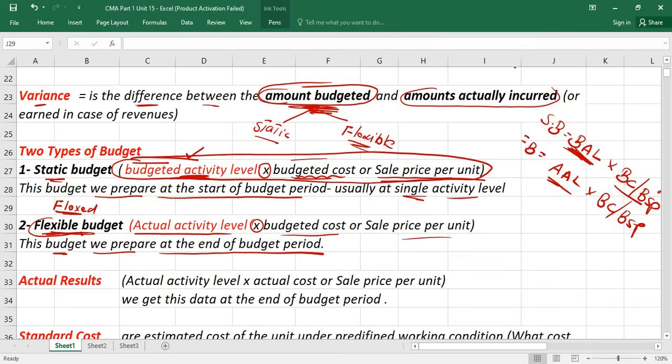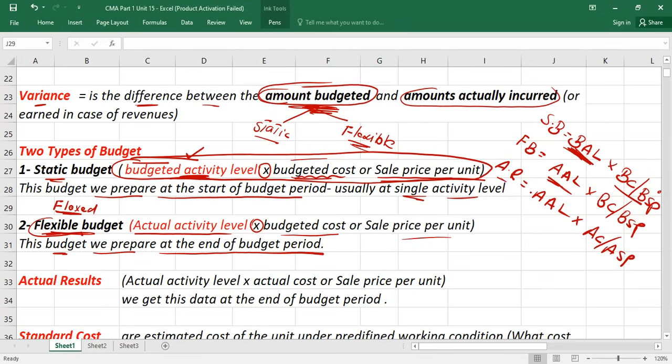Whenever you are talking about actual results, you will always take actual activity level, because you get actual results by the end of the budget period. There you will know what the actual activity level is, what the production is. You will always multiply with the actual cost or actual selling price. So this is called actual results.